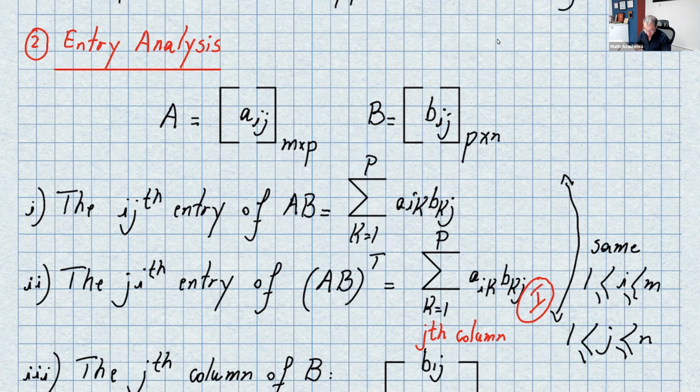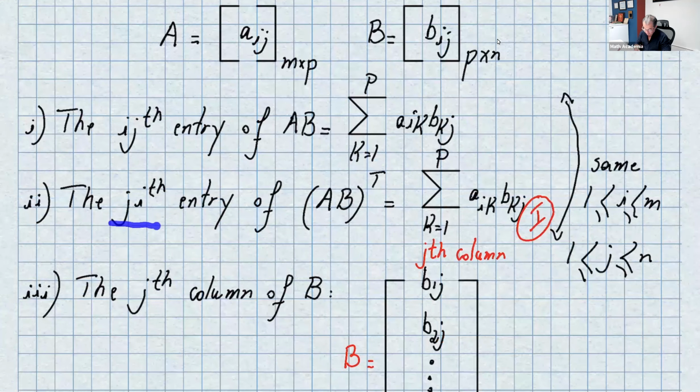The jith entry of AB transpose is going to have the exact same entry. So these are going to be the same thing, and I call that number 1.